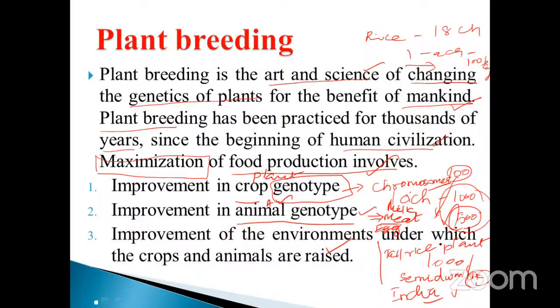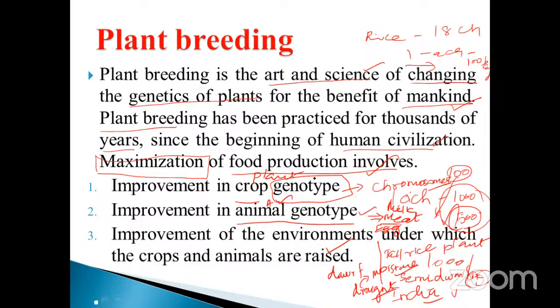Improvement of the environment under which the crop and animals are raised is also very important. Some plants grow in dwarf condition. Drought, D-R-O-U-G-H-T, means dry conditions, which may be changed into moisture. So these are the genetic modifications we can do in plant breeding methodology.